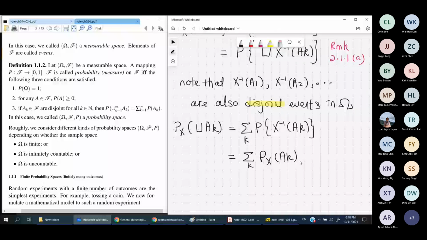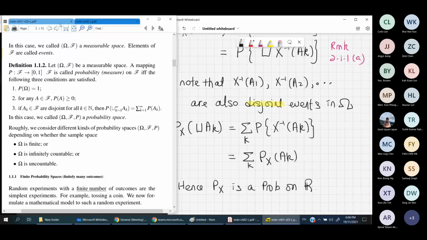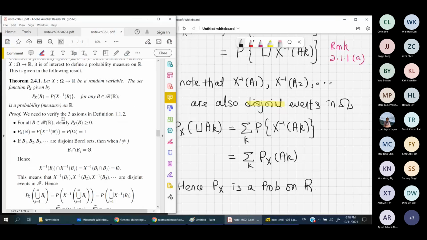Okay, so when 1, 2, 3 are all true for this PX, then we can make a conclusion. Hence, this PX is a probability measure on R. So this is how we get this.